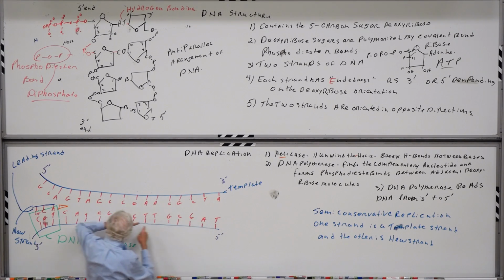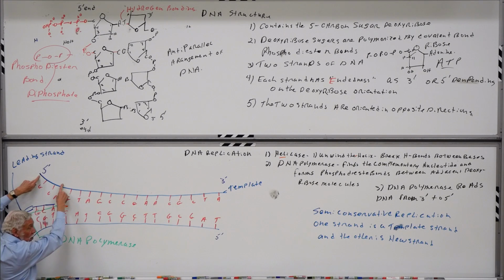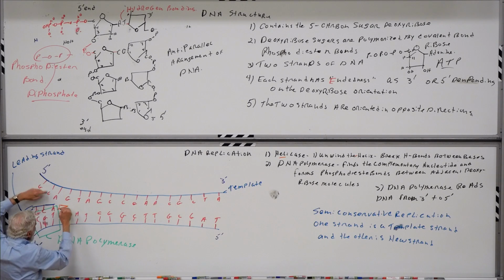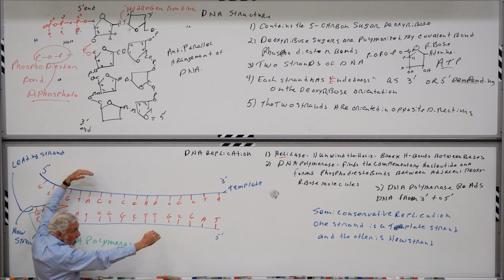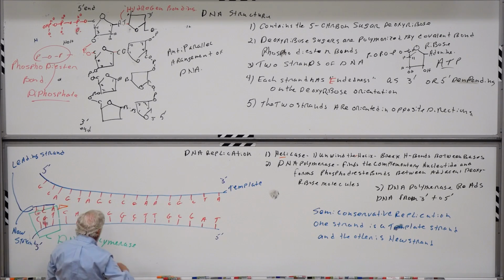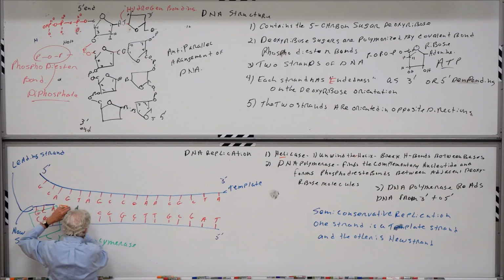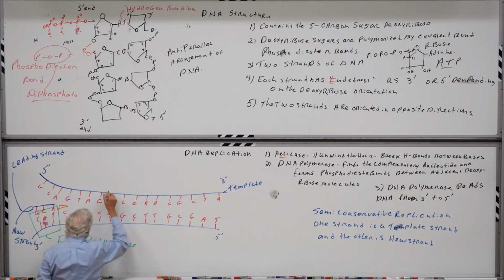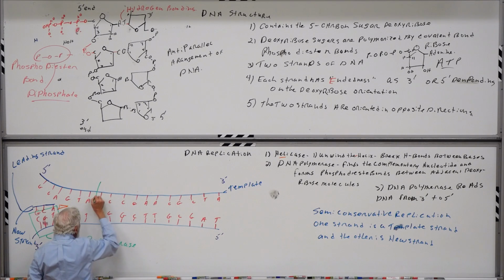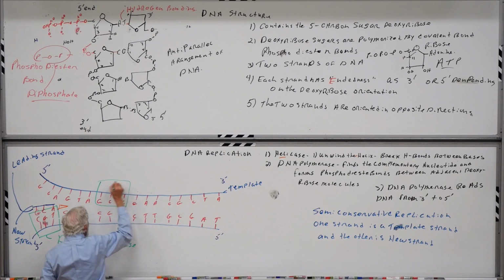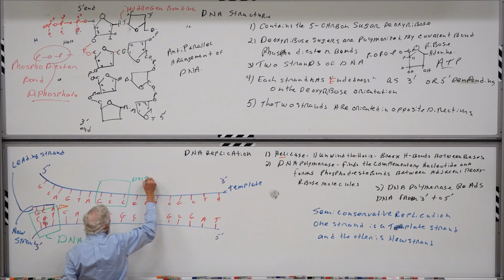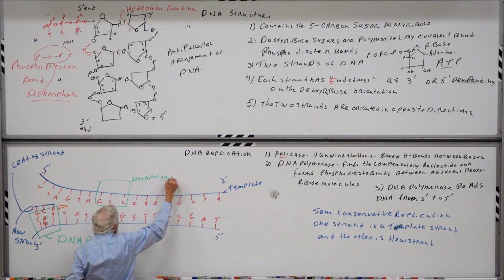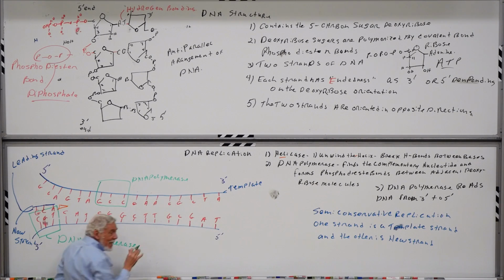But now what we have to do for this other strand, the other strand which is running 5 to 3, we now have to wait for the helicase to open this thing up. Open it up to such a point that someplace down here, after this has been split apart, after the helicase has pulled the two apart, along comes DNA polymerase. It does the same thing.